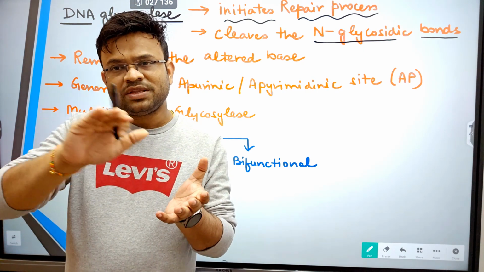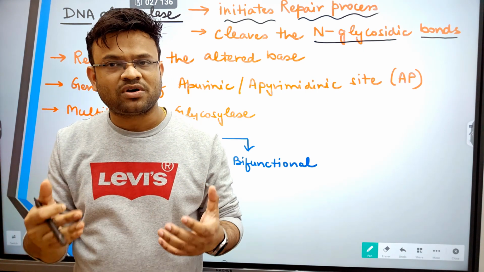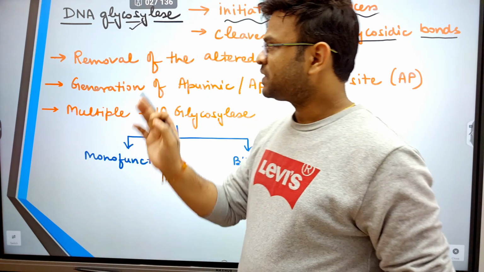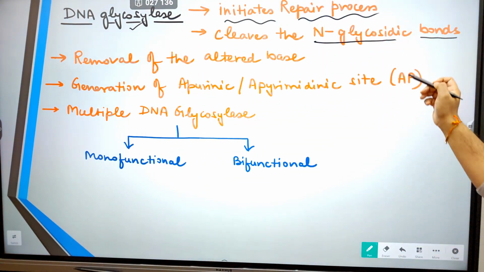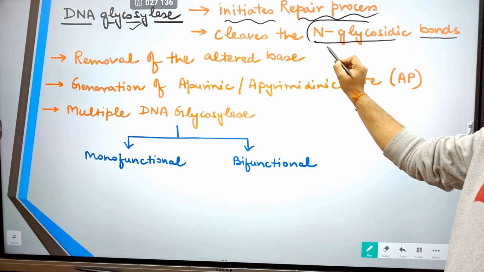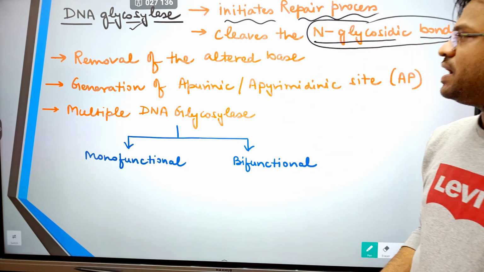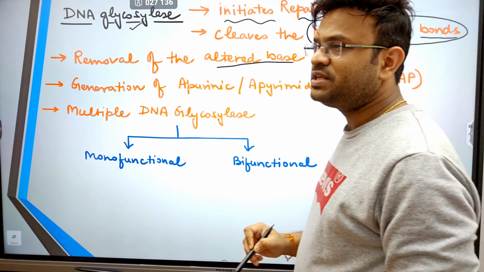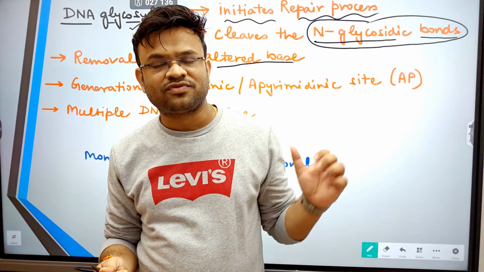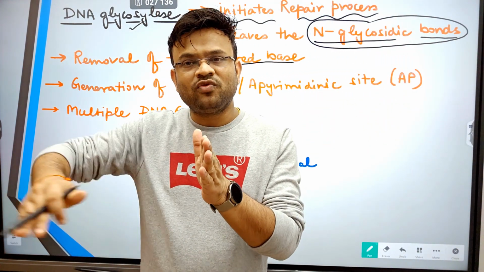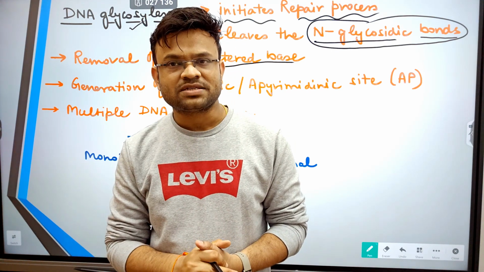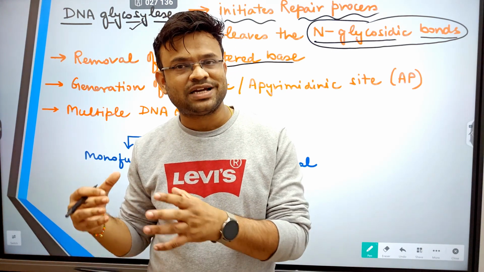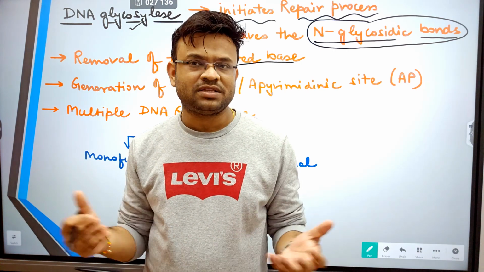So the bond between the sugar and the nitrogenous base was called the glycosidic bond, and this DNA glycosylase will be cleaving the N-glycosidic bond, and because of this, the removal of the altered base would be there. As I said, the first process of this base excision repair would be the removal of the altered base, or the removal of the nitrogenous base that was damaged in some way or the other.